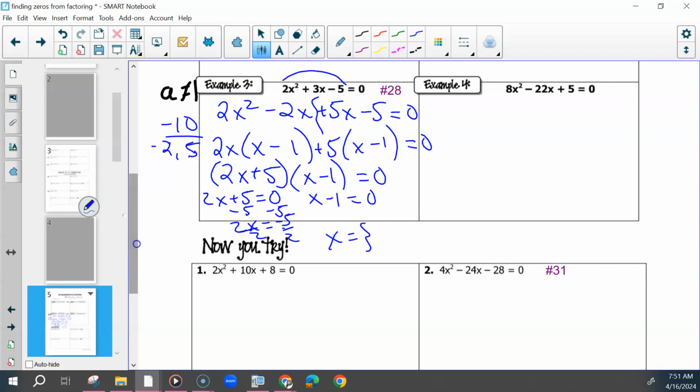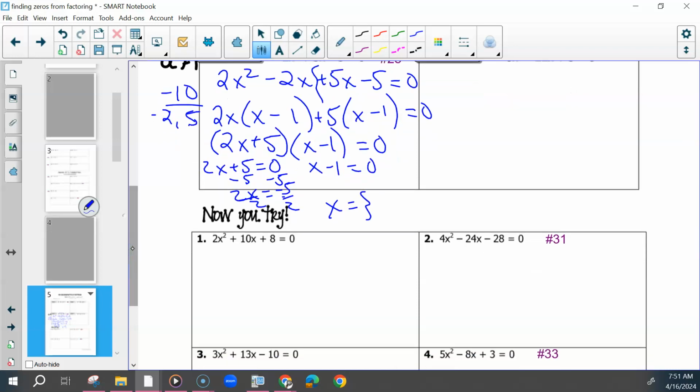What would this solution be? Negative 2.5 or negative 5 halves. Either or, you can write it either way. If it gives you a not nice decimal, leave it as a fraction, but this one doesn't matter. So a lot of your a doesn't equal 1 problems will give you fractions. Sometimes they'll both be fractions, sometimes just one, it depends.